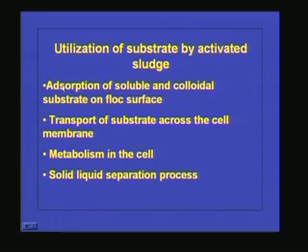The first one is adsorption of soluble and colloidal substrate on the floc surface. Whatever is present in the system has to get adsorbed to the microorganism. Then after the adsorption, the organic material will be transported from outside the cell to inside the cell.